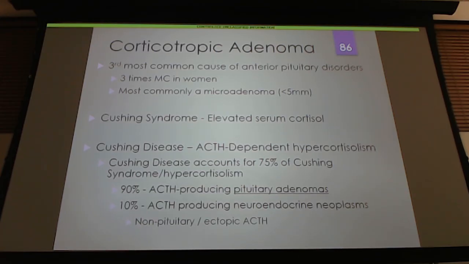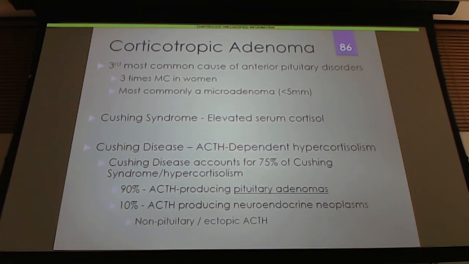What do you think ACTH dependent means, in regards to high cortisol? Yeah. It's triggered because there's excess ACTH from an adenoma, and that's causing the high cortisol, okay? There's ACTH independent that we'll talk about later. But again, this is due to an adenoma in the brain causing excess ACTH, which by default causes excess cortisol.